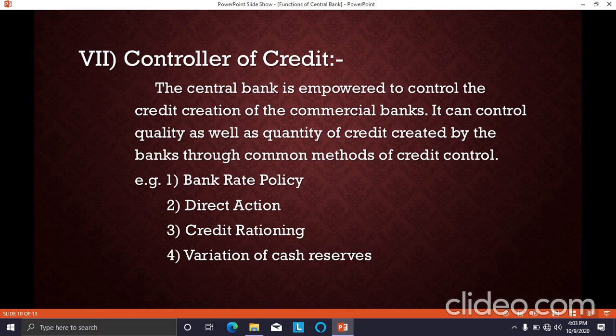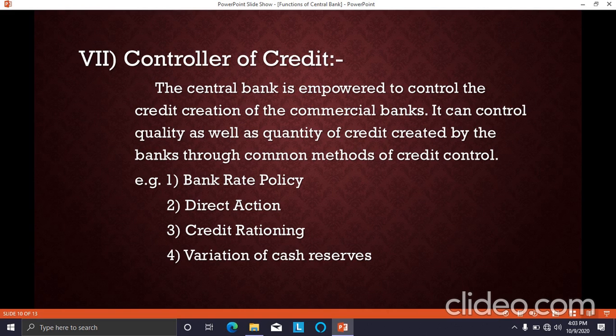Then next is variation of cash reserve. This means controlling the cash reserve ratio in the country, which changes. Cash reserve ratio means, say for example, every bank has to keep a certain amount of deposit with the central bank. That is the rule. So sometimes it may say that if a bank collects 100 crores, it has to keep 40 crores with the central bank, Reserve Bank of India.